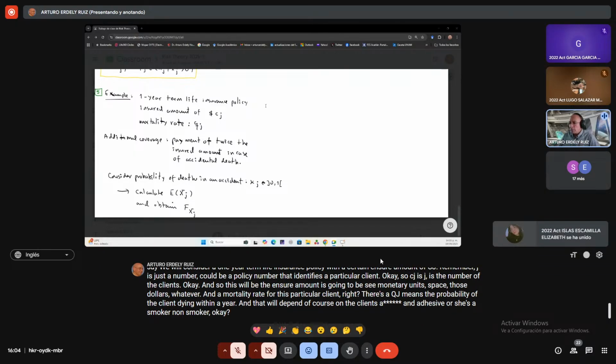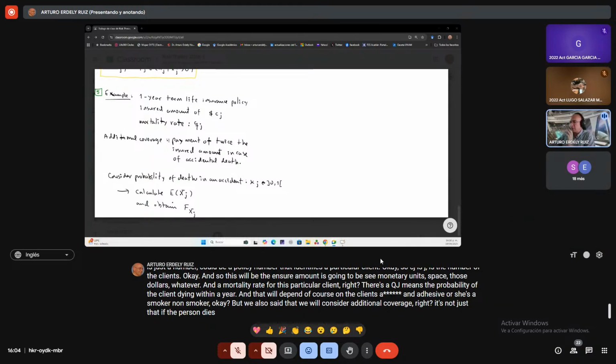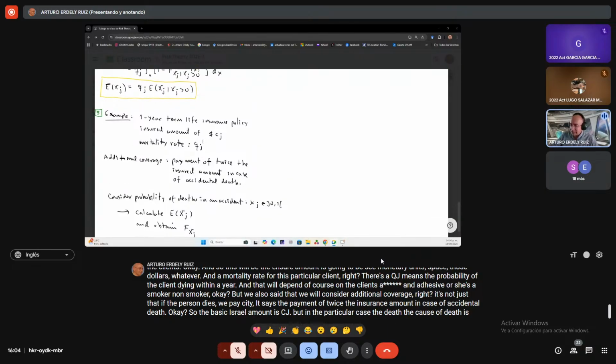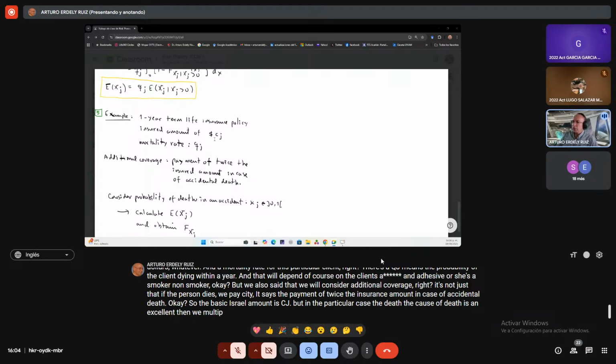Okay, but we also said that we will consider additional coverage, right? It's not just that if the person dies, we pay CJ. It says the payment of twice the insured amount in case of accidental death. So the basic insured amount is CJ, but in the particular case that the cause of death is an accident, then we pay 2 CJ.